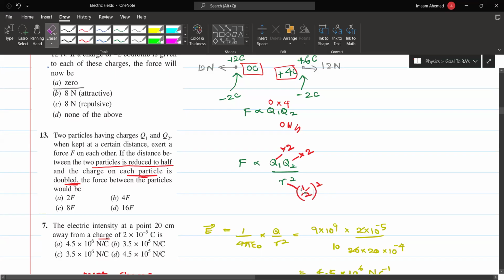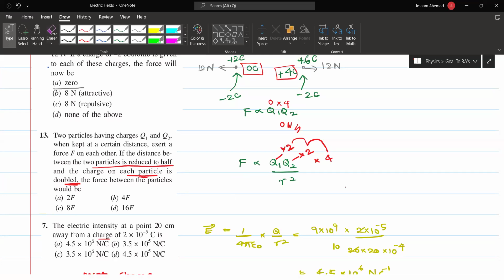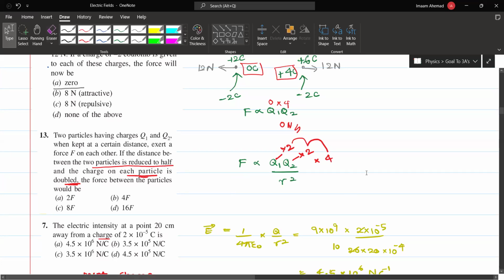If half is squared, then we get 1 by 4. Then the 4 goes to the numerator, then it is multiplied by 4 times. Therefore, 2 into 2, 4, 4 into 4, 16. Then the force is 16 times the initial. Got it? Are we clear? Hope the others are also fine. Any other want me to explain it? I hope it's clear.